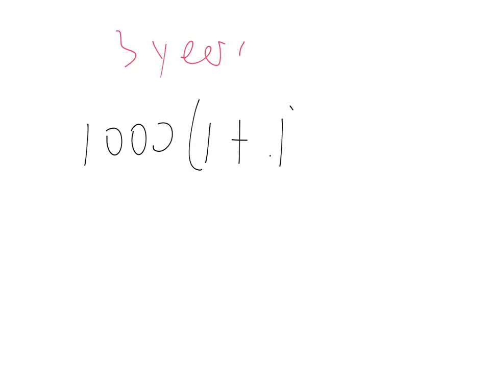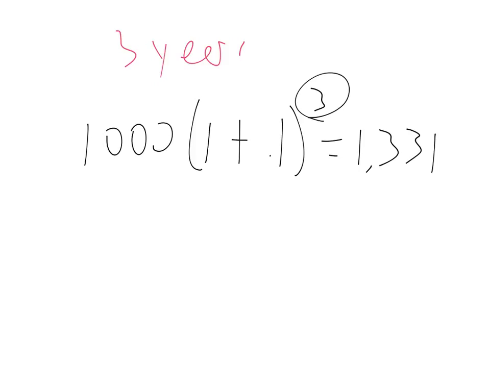In fact, let's do one more year. What about after 3 years? How much will we have after 3 years? Well, we will have the $1,000 principal times 1 plus the interest rate, to the third power for 3 years. So that will give us, if my calculations are correct, $1,331.